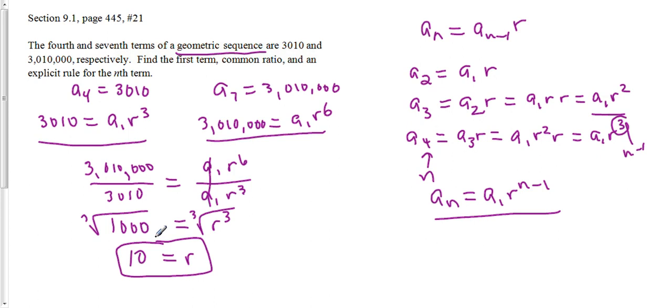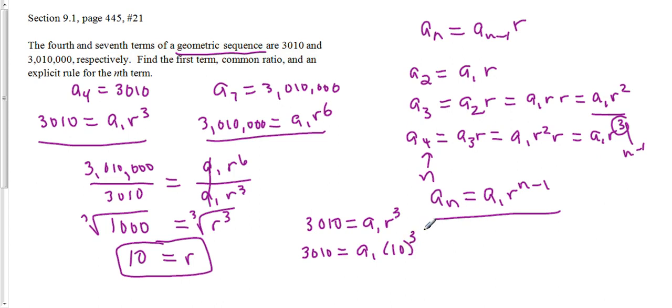Now I can go back to either of my equations up here and substitute in for r and figure out what A1 is. I'm just going to take the simpler equation for A4 and use that one. So I've got 3010 is equal to A1 r cubed. I'm going to substitute in for r, so I've got A1 times 10 cubed.